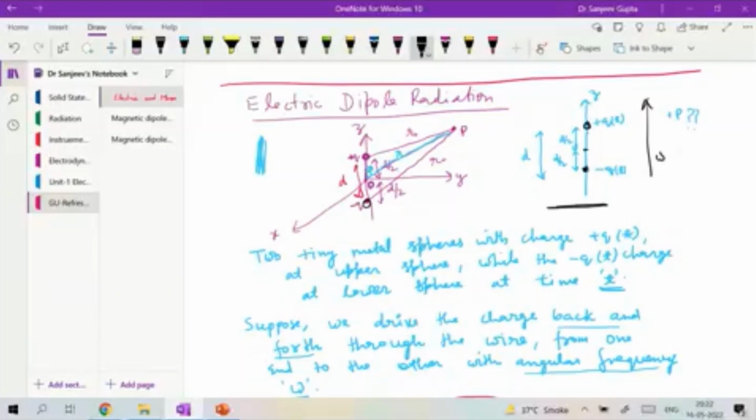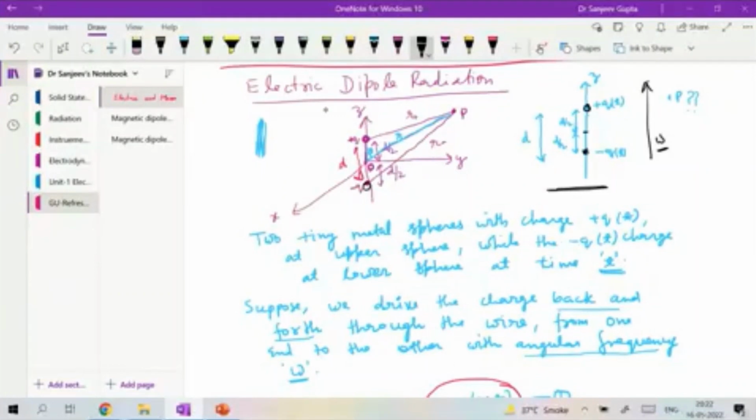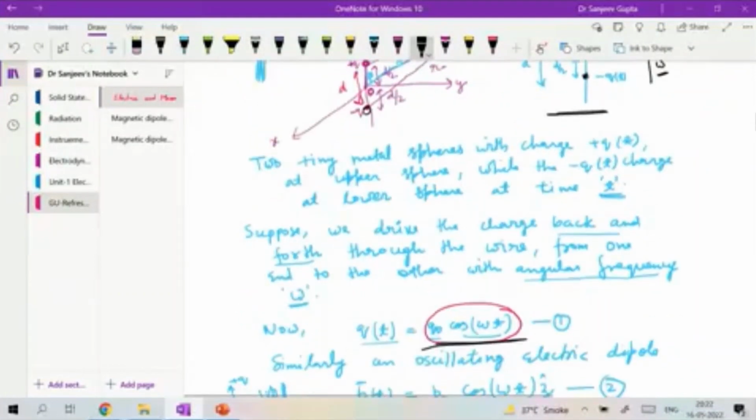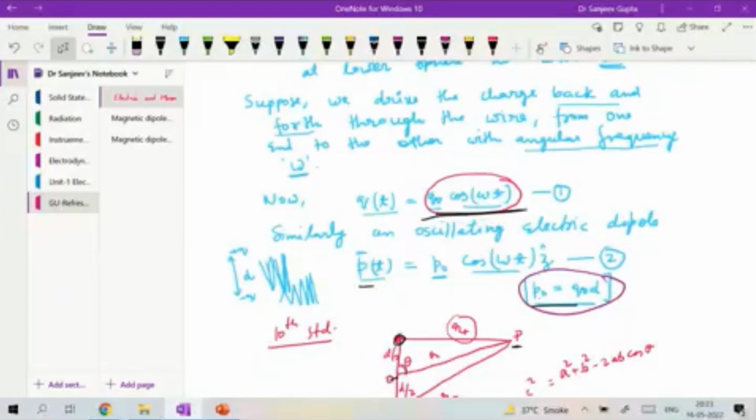Suppose we drive the charge back and forth through this wire from one end to the other with angular frequency omega; then we can calculate how much power it radiates. The charge can be written as q0 cos omega t, because this is an oscillating electric dipole, so the charge is also oscillating.